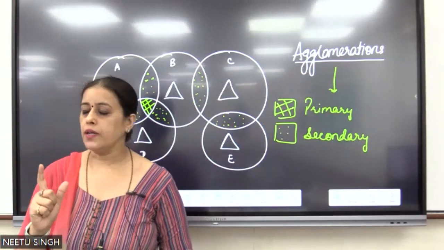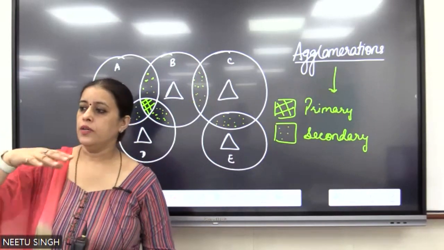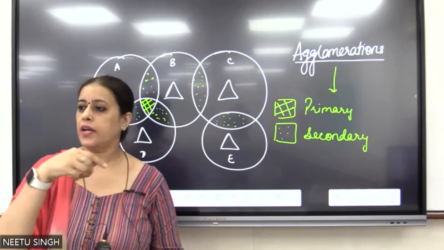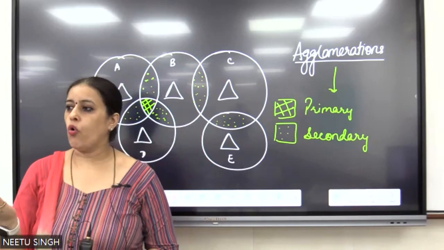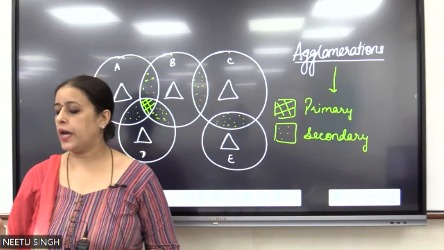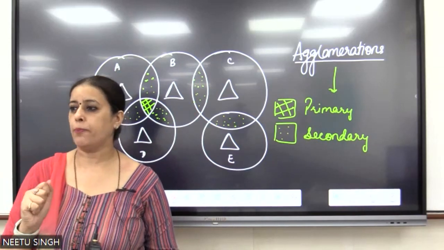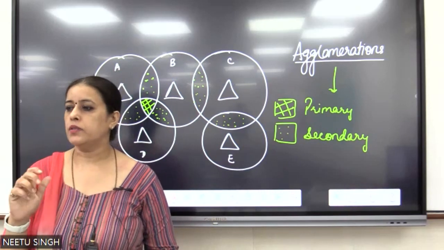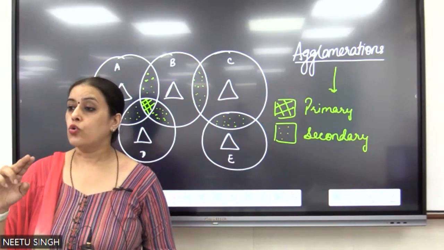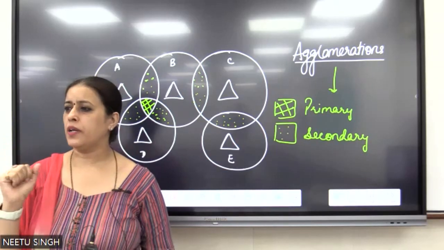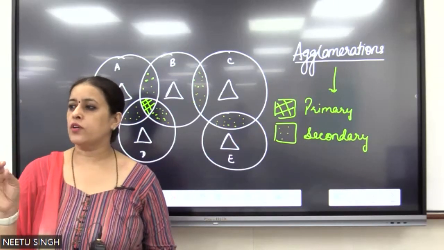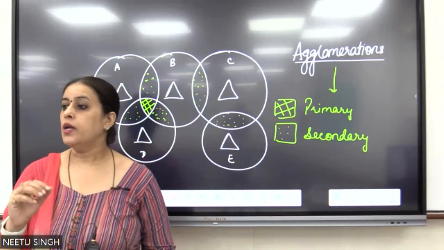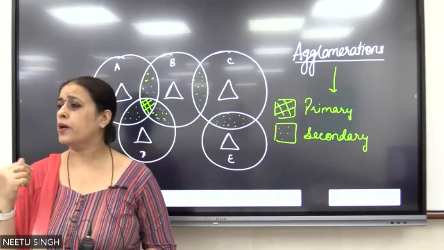What Weber is saying is that in a given location where I see many locational triangles with their critical isodopanes, they will overlap with each other. Wherever two critical isodopanes are overlapping, think about it. It means twofold benefit of raw material, twofold benefit of market, twofold benefit of transport infrastructure, and twofold benefit of labor cost saving.